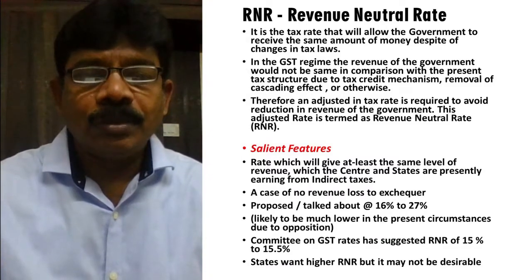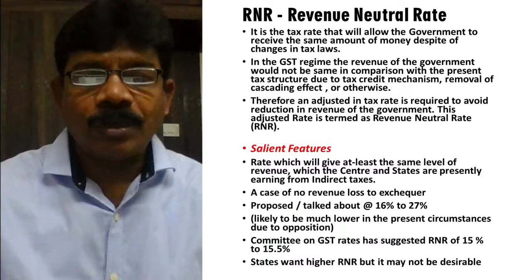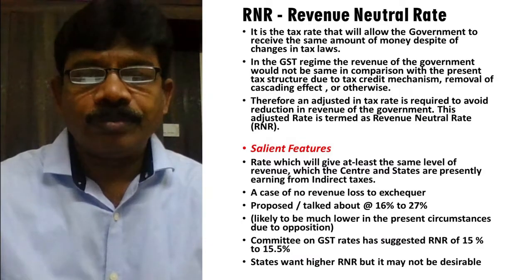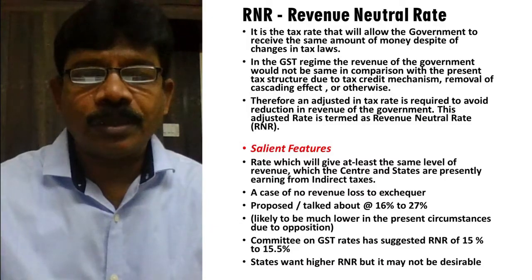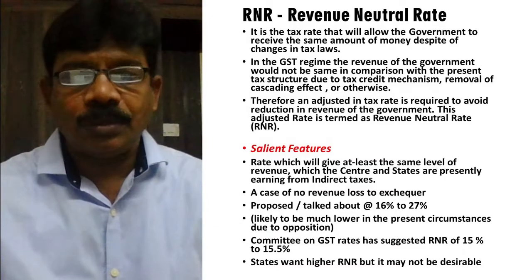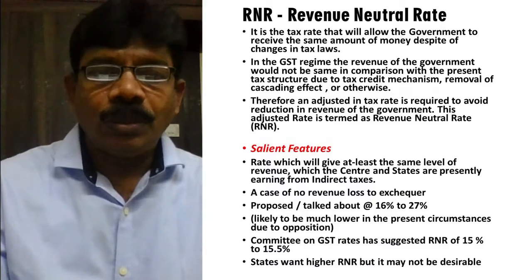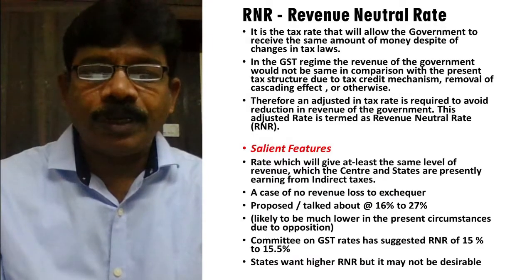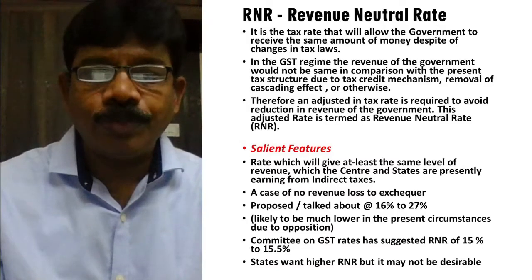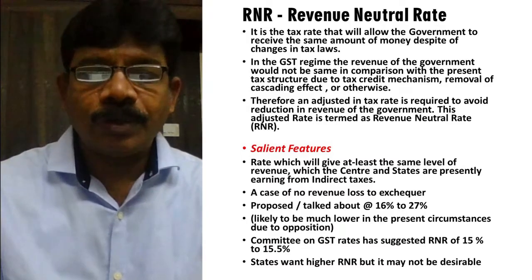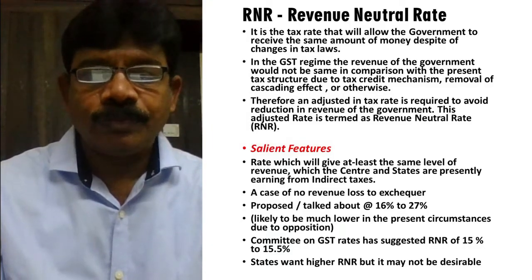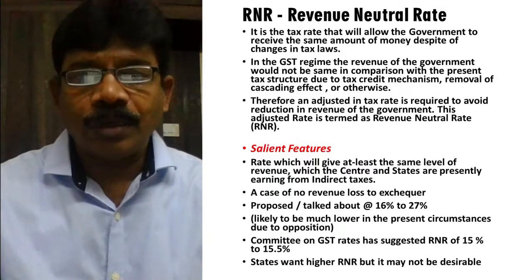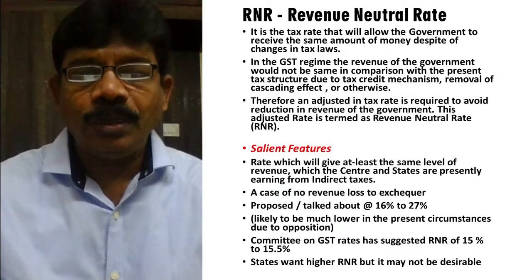Earlier, the central government was getting some income on indirect tax. With the implementation of GST, the revenue should not be less than that earlier amount. So, what rate should we impose so that our tax income will match that earlier income?